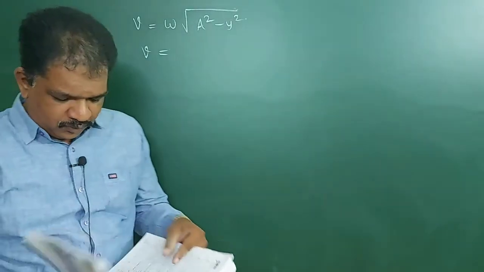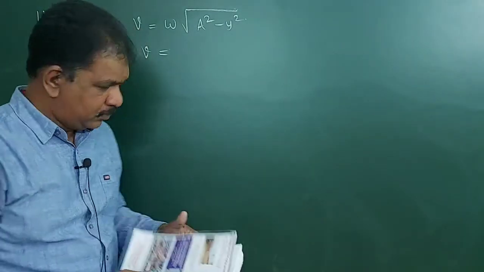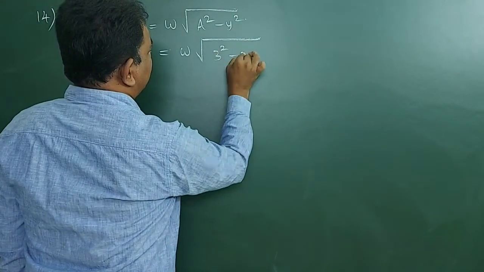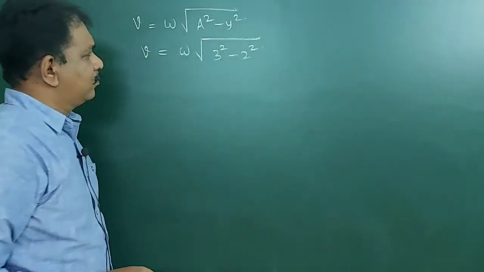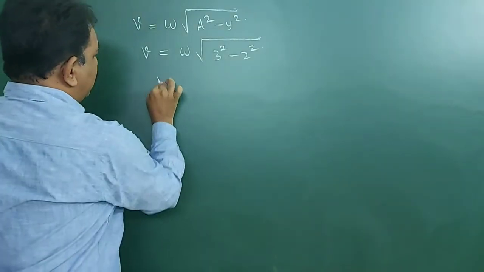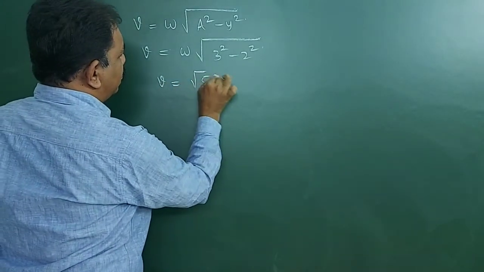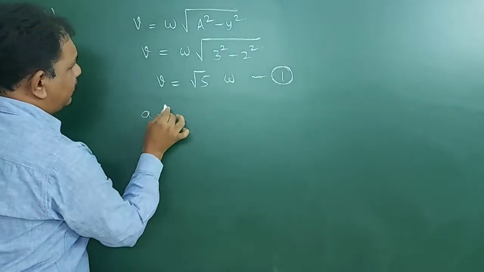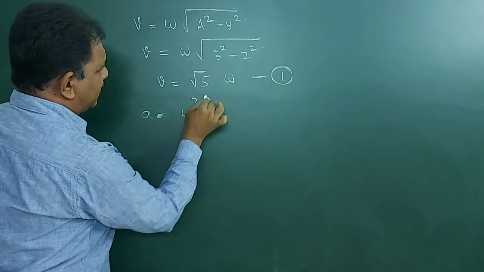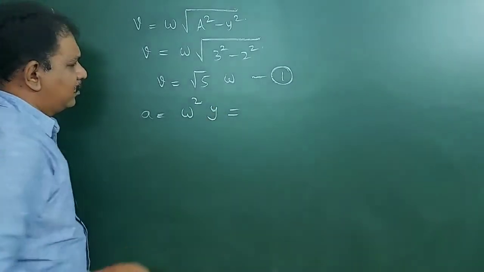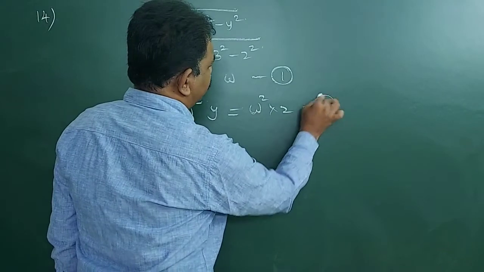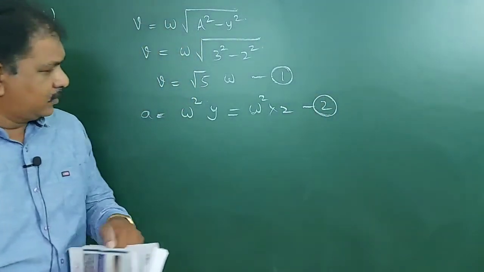V is equal to omega, we don't know, into root 3 square minus 2 square. So V is equal to root 5 into omega. A value is how much? Omega square into y, omega square we don't know, into 2. Let it be second equation.